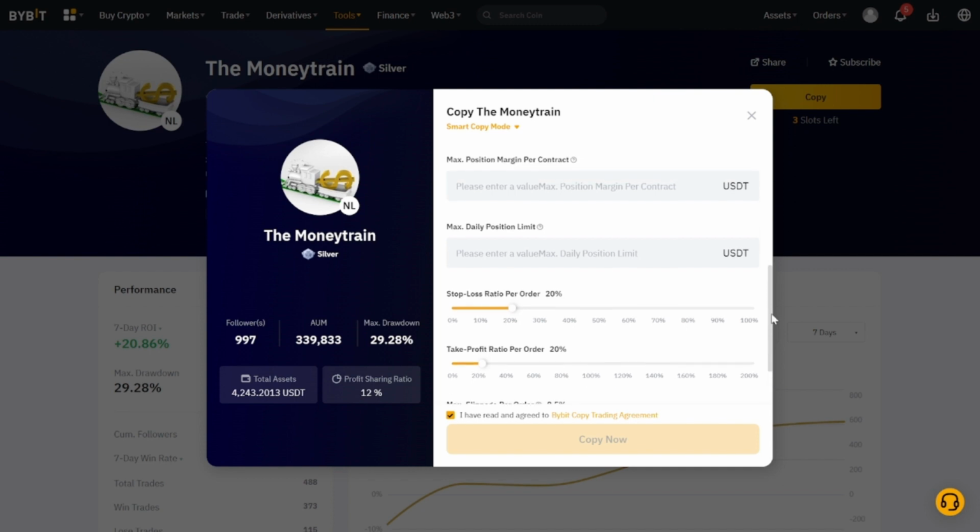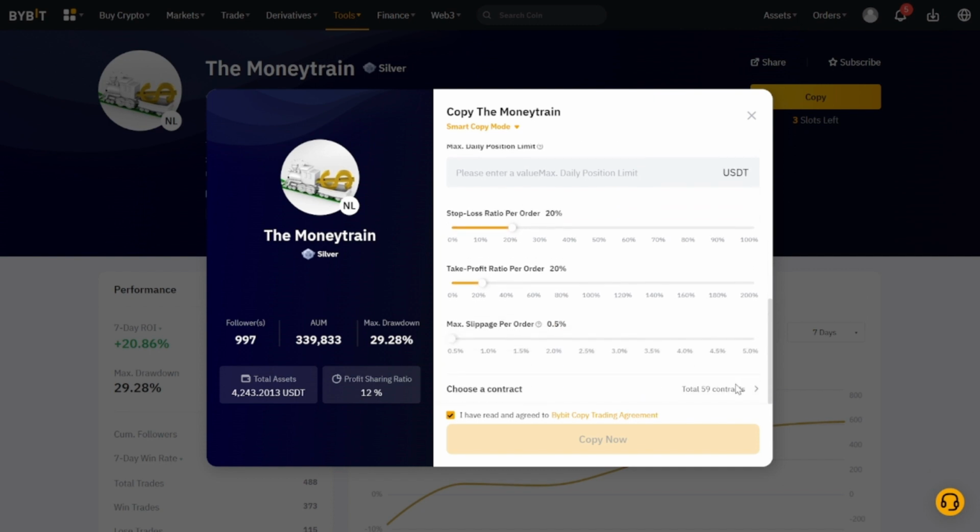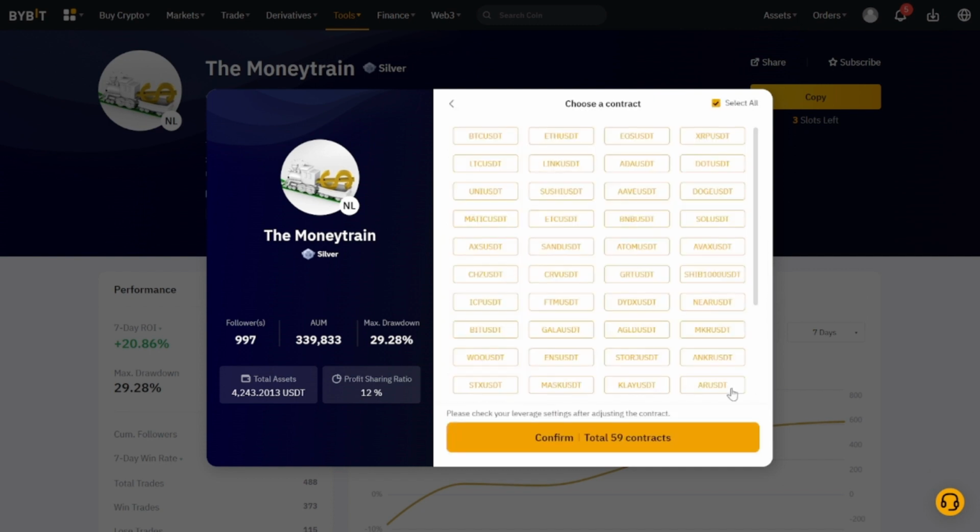And again, you can edit the tokens you want to be trading with this guy. The guy can make a trade on, say, an ICP pair. If you don't choose this coin right now, once this guy makes this kind of trade, you won't be able to copy because you don't like this pair.